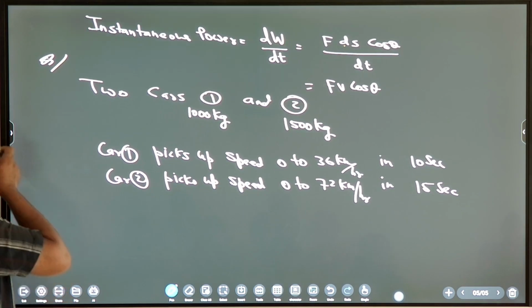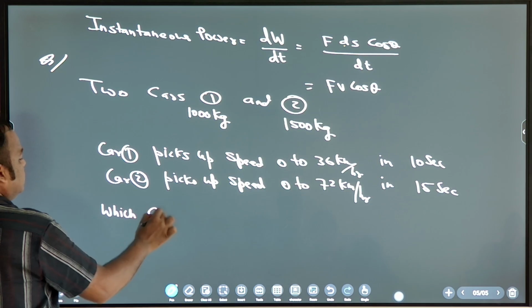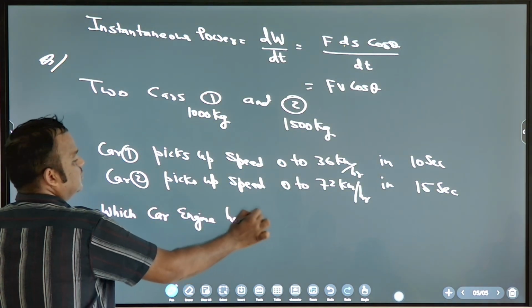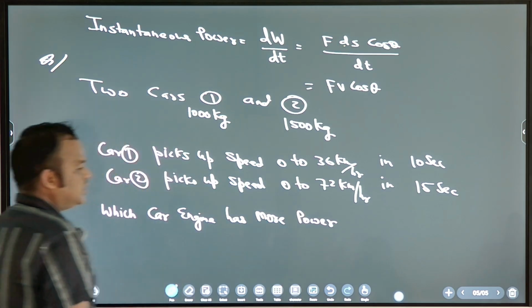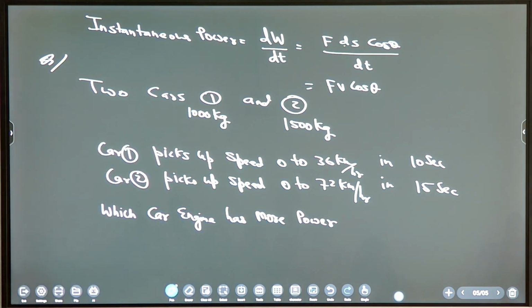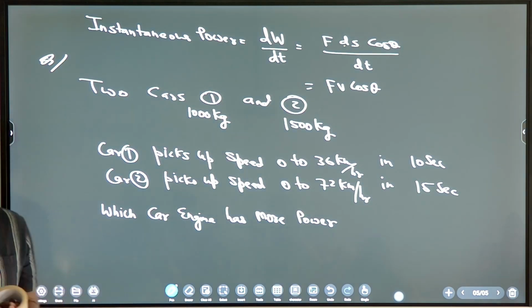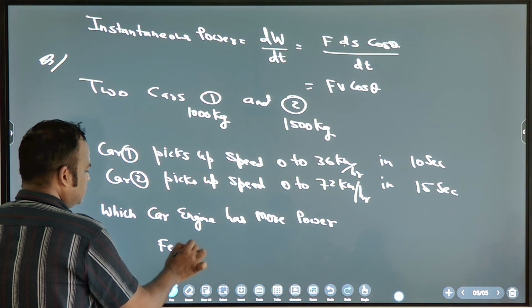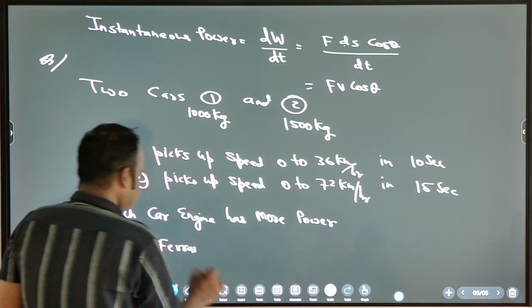Which car engine has more power? We know that if a car is there, an engine is there. Some cars are very powerful, like Ferrari, right? Why is Ferrari famous?